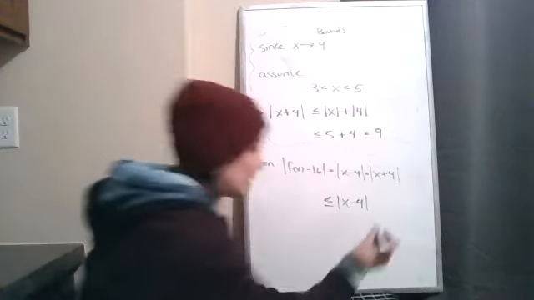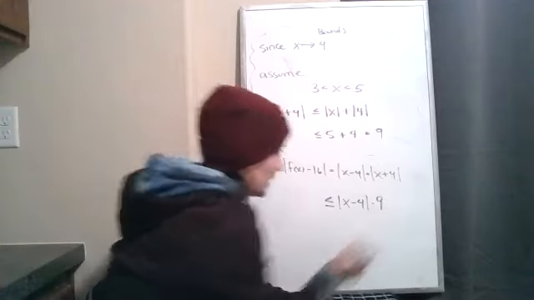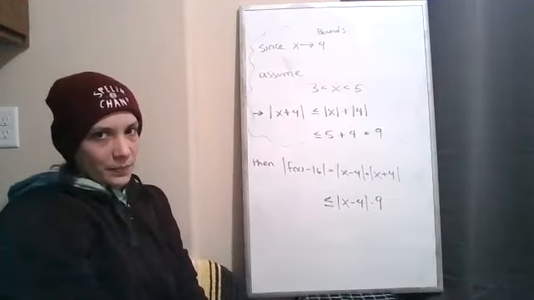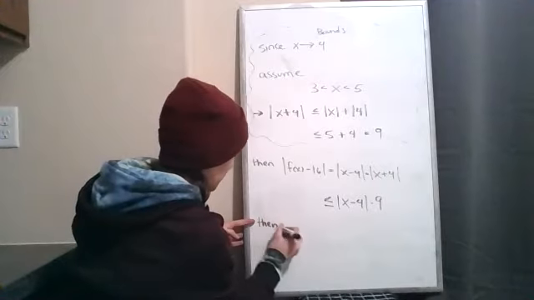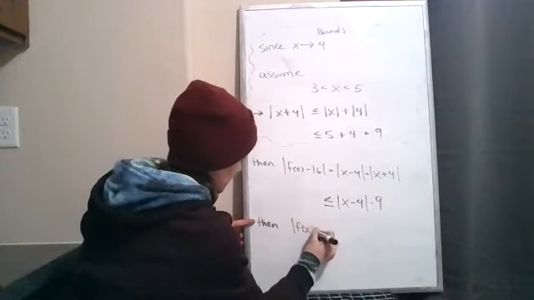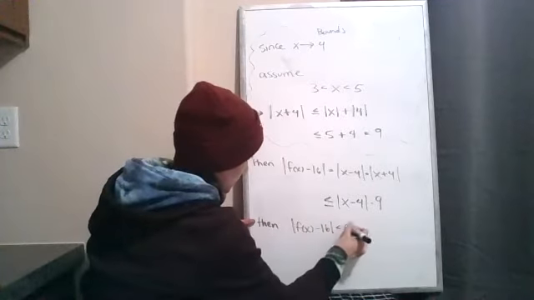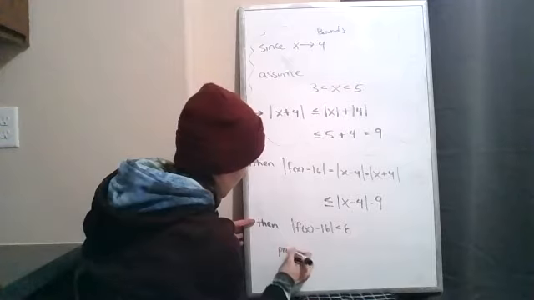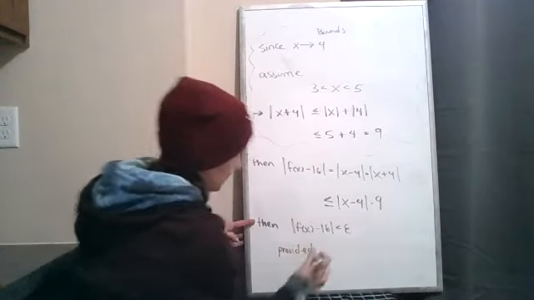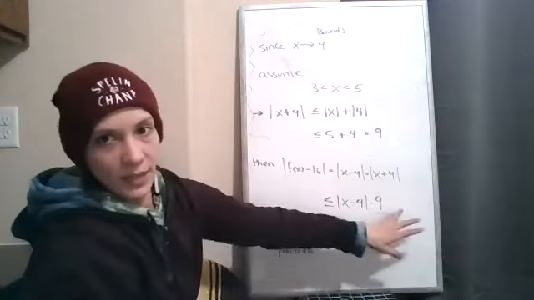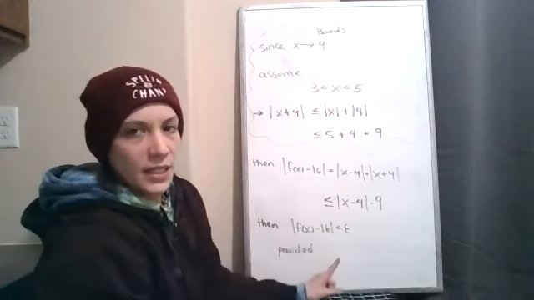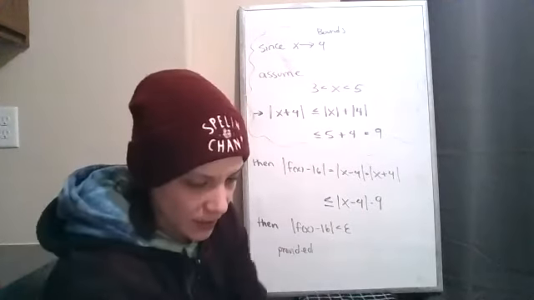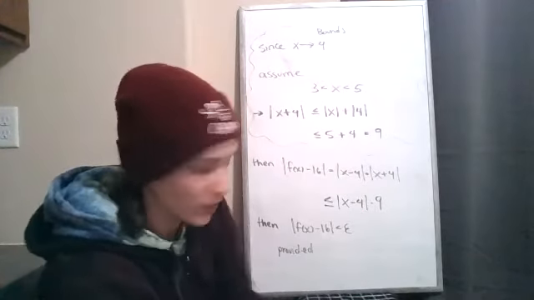Okay, there we go. That's what I was looking for. So all this will be less than epsilon as long as the absolute value of x minus 4 is less than epsilon over 9.